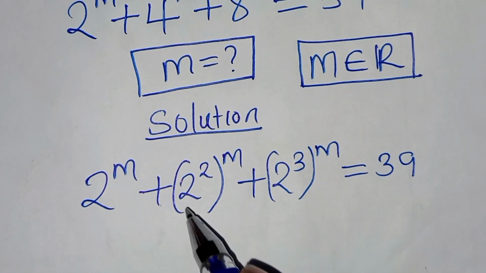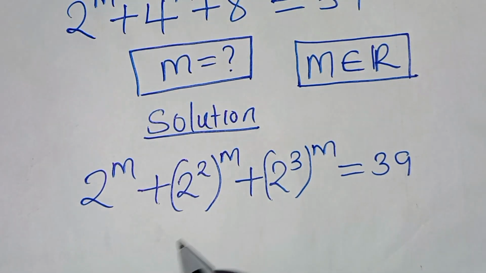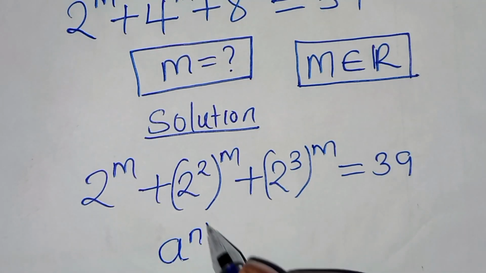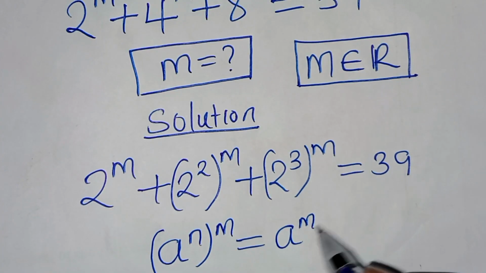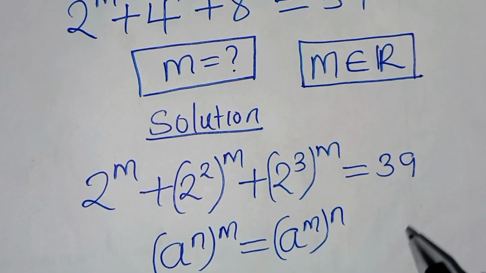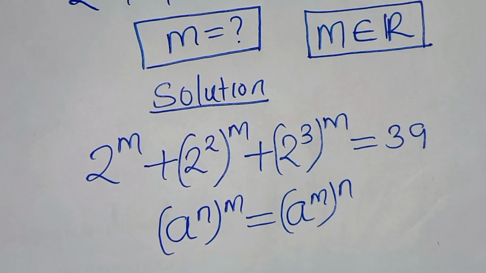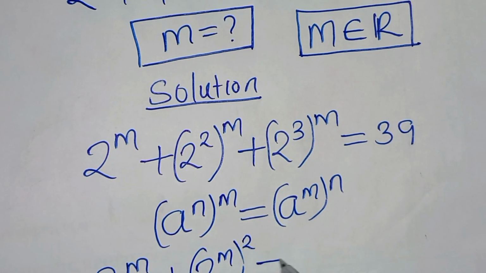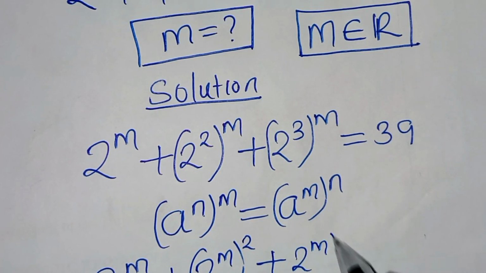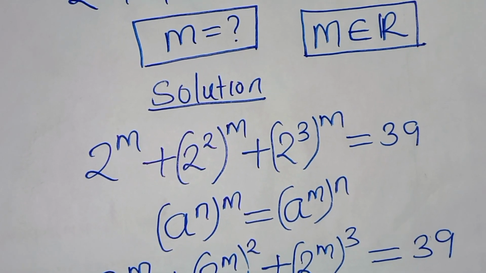This is in the form of a to power n raised to power m, which we can express as a to power m raised to power n. Applying this exponent property, we have 2 to power m plus 2 to power m raised to power 2, plus 2 to power m raised to power 3, equal to 39.